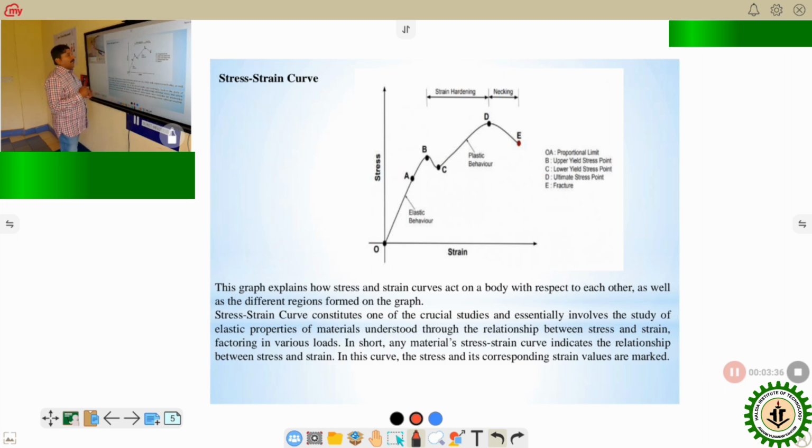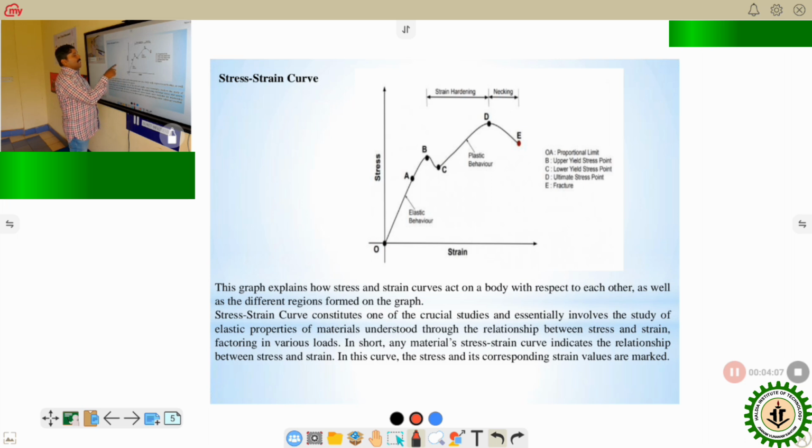If we divide the region from initial to final of the metal object through this stress strain diagram, we can simply divide it into two regions, called the elastic region and the plastic region. Clear? What is the elastic region? I will discuss it later on.